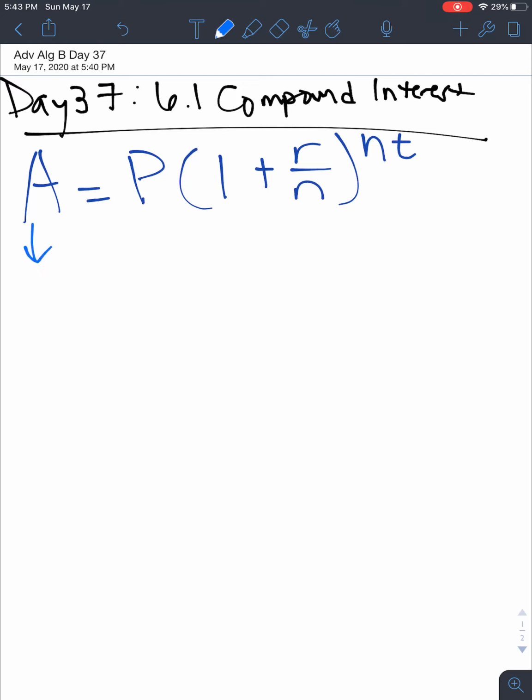This capital A here is your total amount, the total amount of whatever you're working with. Since we're working with interest, we're almost always working with a monetary amount, an amount of money after a certain number of years. This P is what we call our principal, and that just means it's the starting or initial amount.